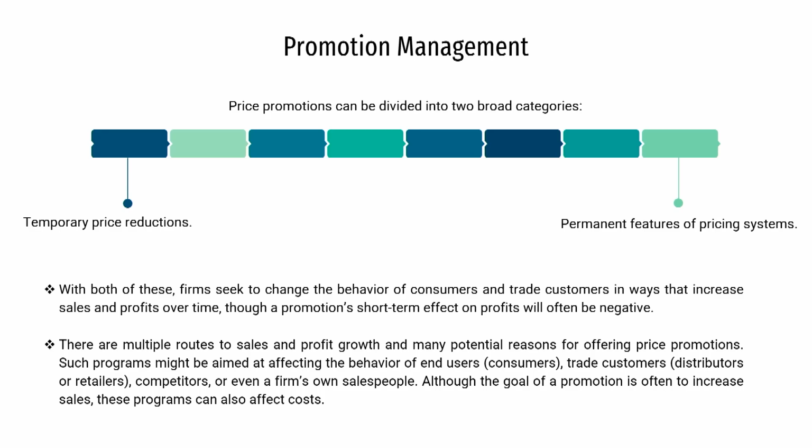Though a promotion's short term effect on the profits will often be negative. Overall, what do we want to achieve? We want to achieve more number of customers attracted towards our brand. Overall, we want to achieve that more number of units consumed by our existing set of customers. But if we extend a price based promotion, then the immediate effect will be that it will hurt the contribution margin immediately.